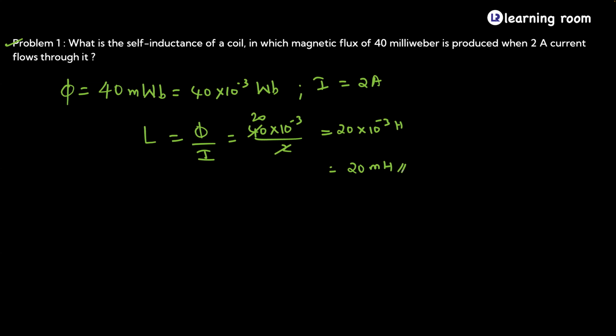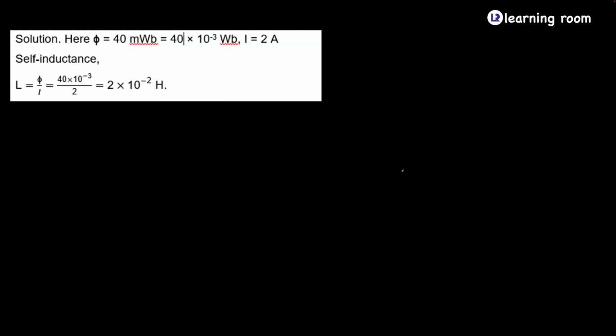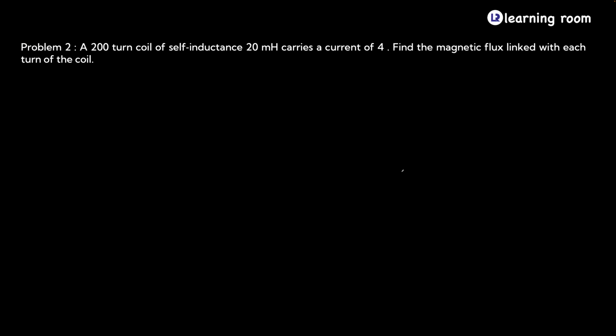Understood? Shall I proceed? Try this, a simple one. A 200 turn coil of self-inductance 20 millihenry carries a current of 4 ampere.